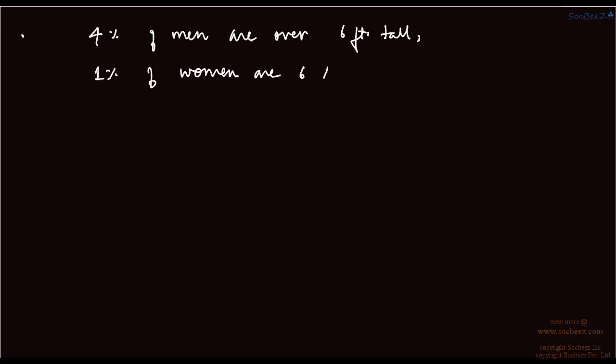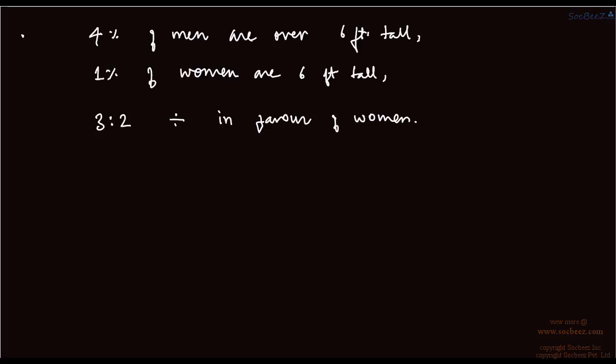Let's say the total student population is divided in the ratio 3:2 in favor of women.